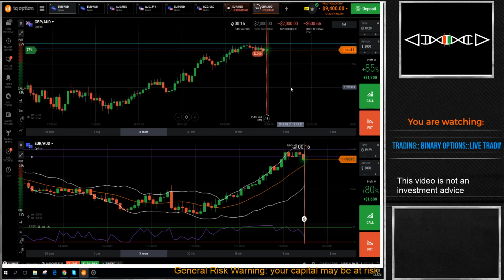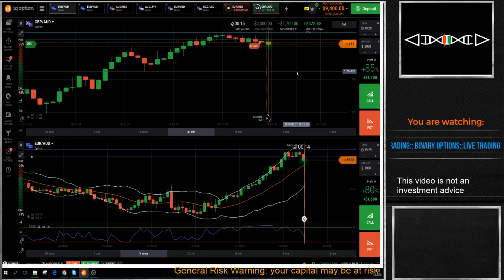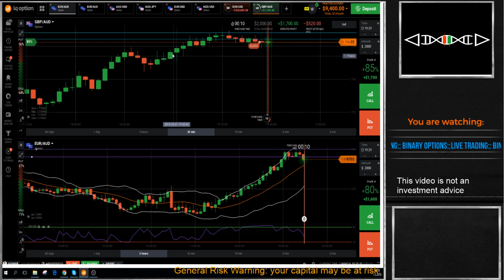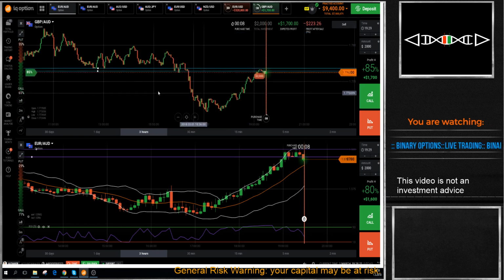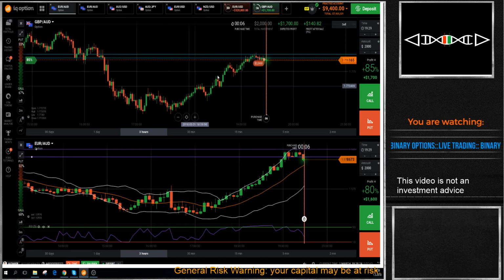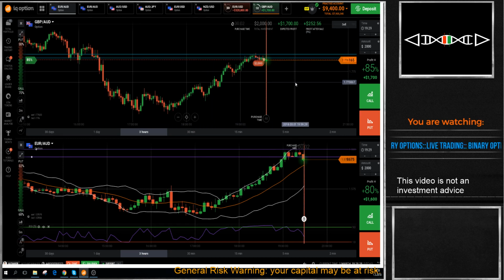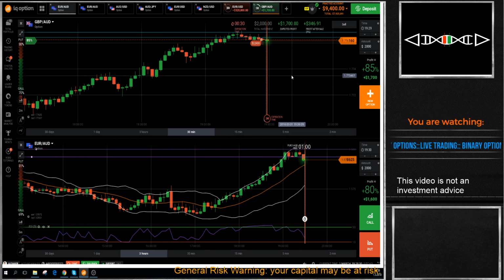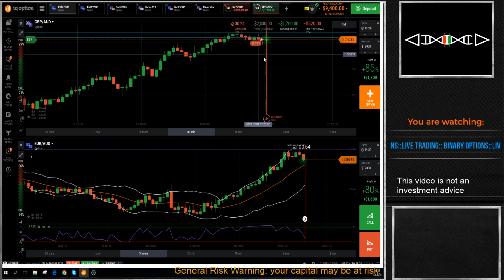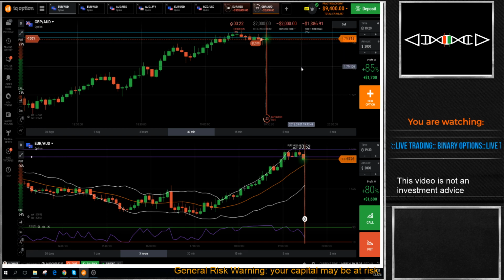So as I have explained a while ago, there is a very significant support, or rather resistance zone. It has been a support right here, but it turned into resistance as the chart is approaching from the downside to the upside. So I believe we are going to bounce from this area and end up anywhere around here.